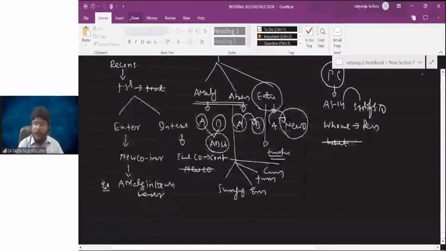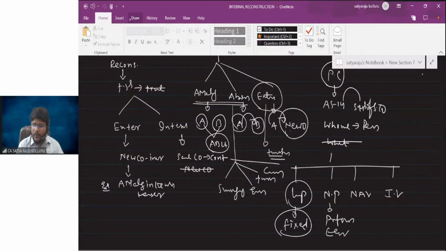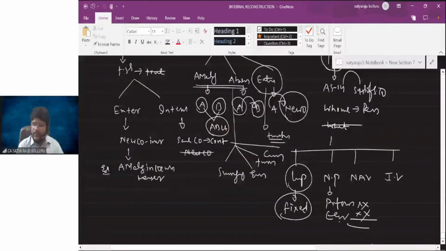We also saw various methods of PC: the lump sum method, net payments method, net asset value method, and intrinsic value method. Lump sum method means a fixed, ad hoc consideration directly given in the problem. Net payments means the amount payable to preference shareholders plus the amount payable to equity shareholders. If you total them, you get PC under the net payments method.